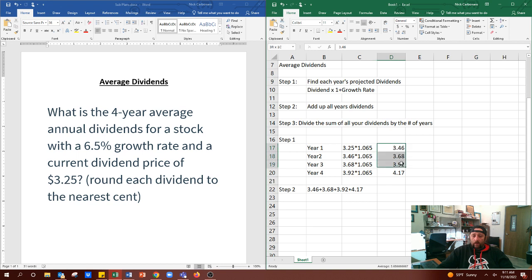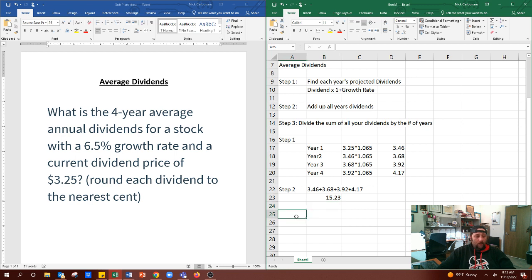Let me calculate that real quick. 15.23. So step number 2 said add up all the year's dividends. We did that. We have year 1, year 2, year 3, year 4, and we added them up to make 15.23.